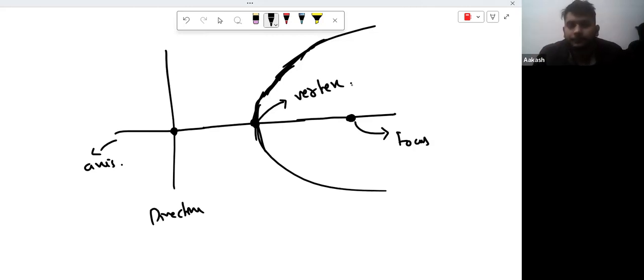So you can draw the diagram also if you want.